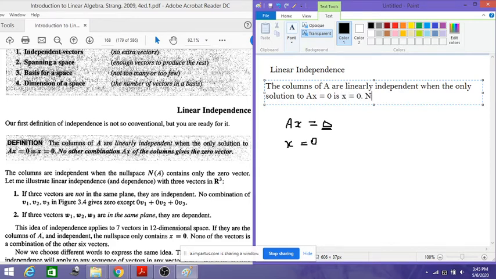Then there is no other combination Ax of the columns that gives the zero vector. This is one form, and there are many such forms. If the value of x is not equal to 0, then it becomes a dependent case. So that's a dependent case.